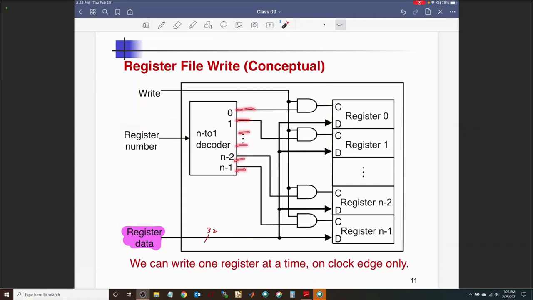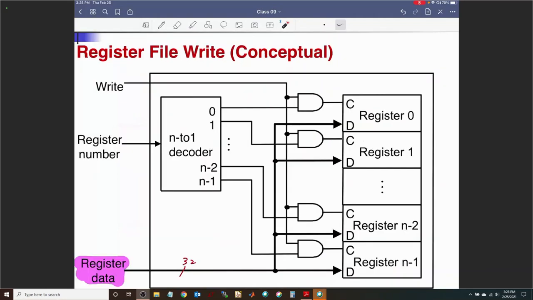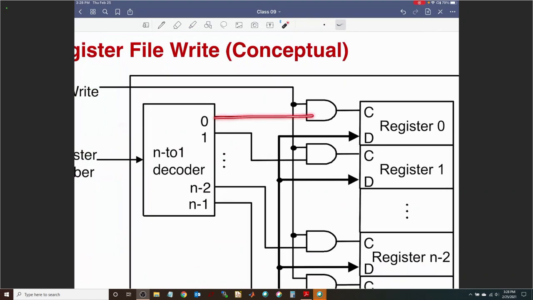The remaining are going to be inactive, which essentially will have one of these active, right? Only one of these AND gates will give you a non-zero output, which essentially is connected to the clock input of the registers. So only one guy can take things in. All the other registers will not be able to clock bits into that particular register.